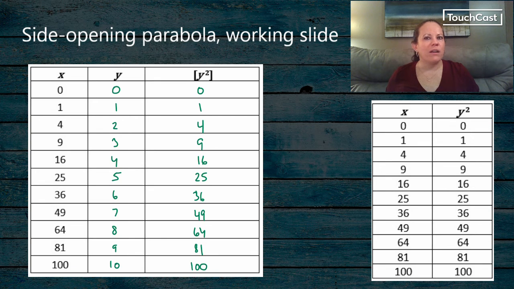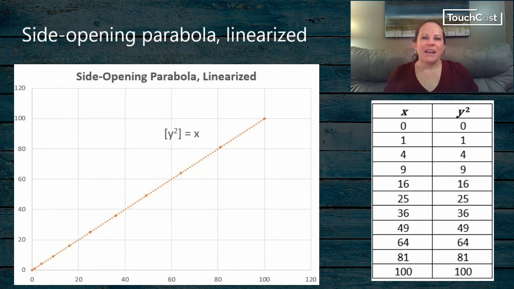So check out our x versus y squared values that we'll look at for a graph on the next slide. And as promised, when we do our operation, this time on our y value, and then use our magic linearization box to get our output values, we now have ended up with a straight line whose slope is equal to 1.